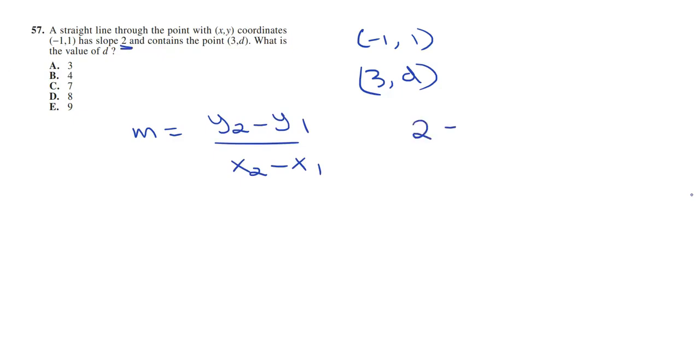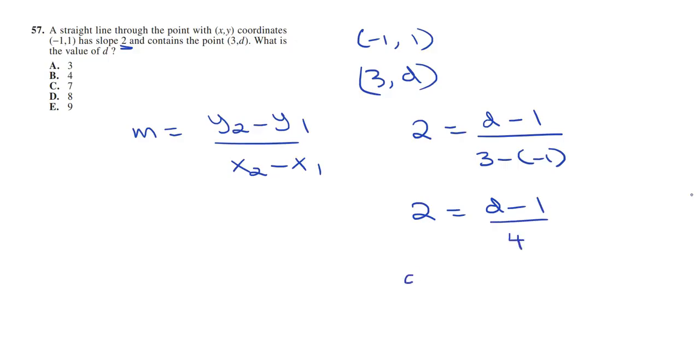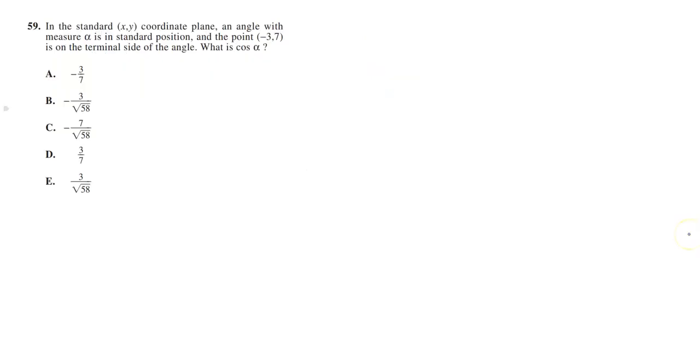So 2 is equal to d minus 1 over 3 minus -1. So we have 2 equal to d minus 1 over 4, since 3 plus 1 is 4. d minus 1 equals 8 because we cross multiply. And d is equal to 9.